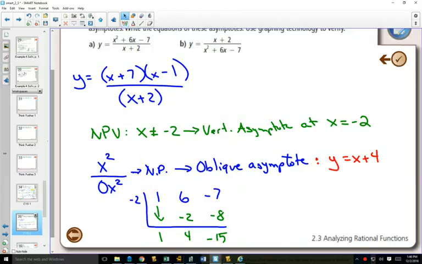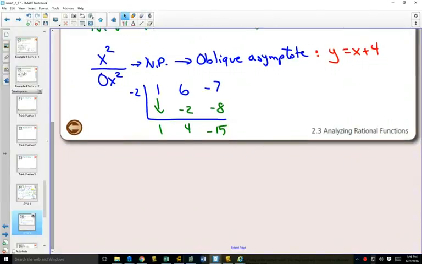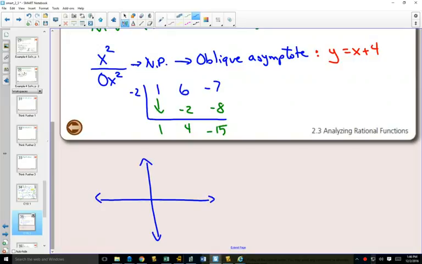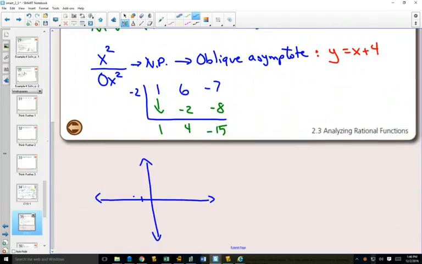It says use graphing technology to verify, but we are going to practice graphing right from the beginning. So how do we graph this now? You always start your graph with the asymptotes. We knew there is a vertical asymptote at x equals -2, so you can draw that in and label it.